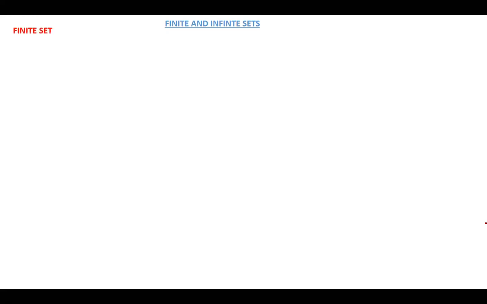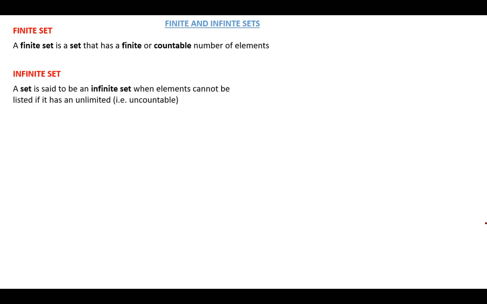So a finite set is a set that has a finite or countable number of elements, and an infinite set is a set that has an infinite, uncountable or unlimited number of elements.